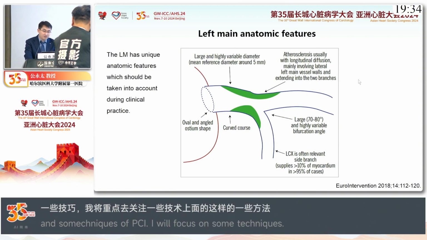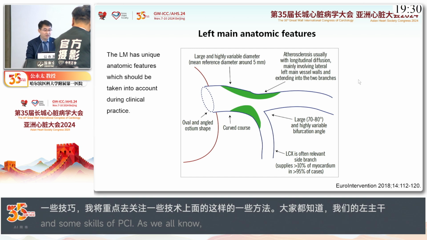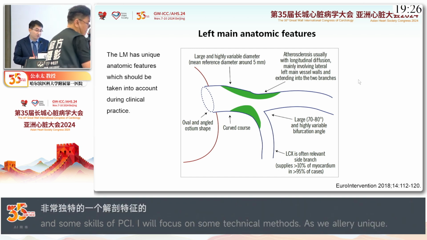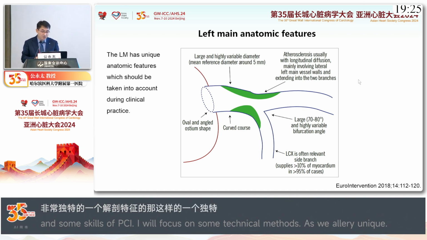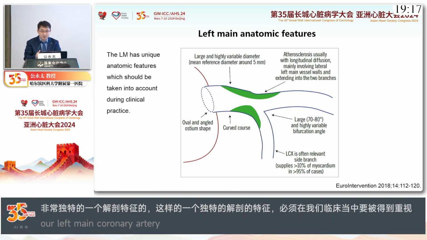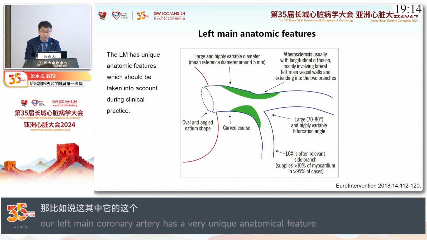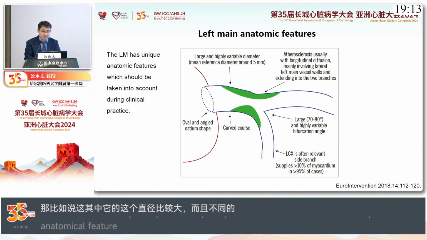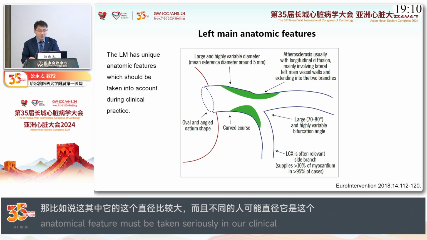As we know, the left main has unique anatomic features which should be taken into account during our clinical practice, because it has a large and highly variable diameter, and the disease is always diffused and may extend into the two branches.